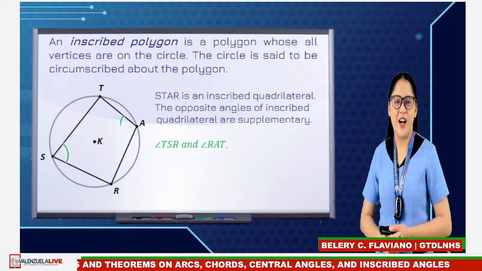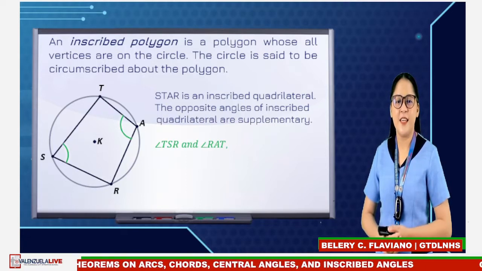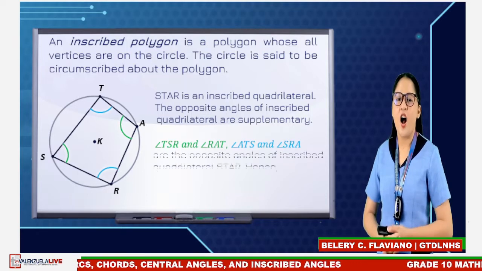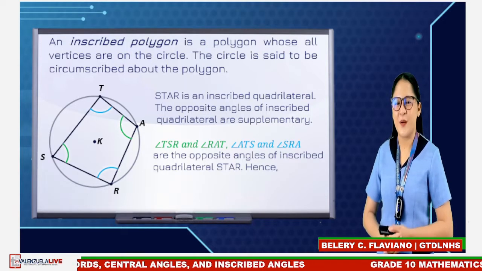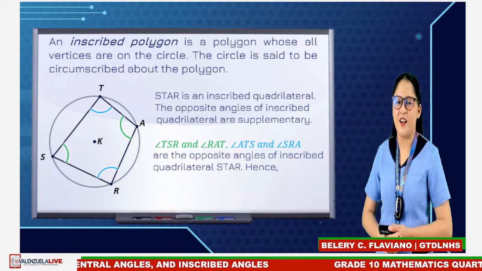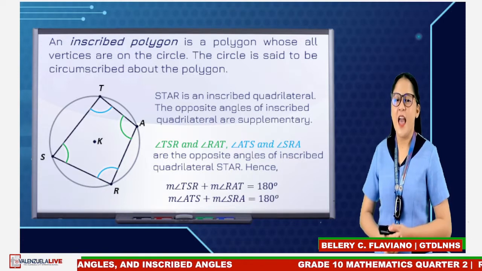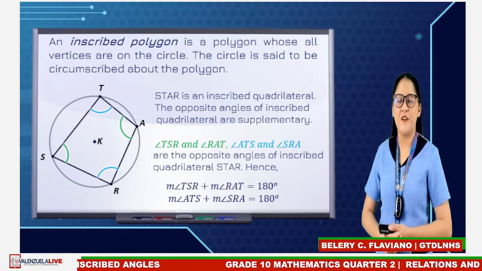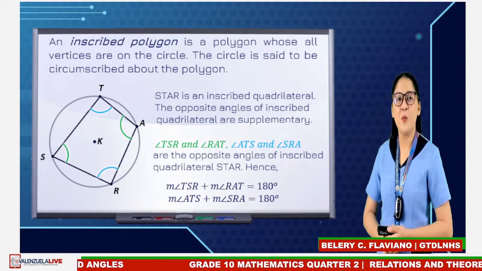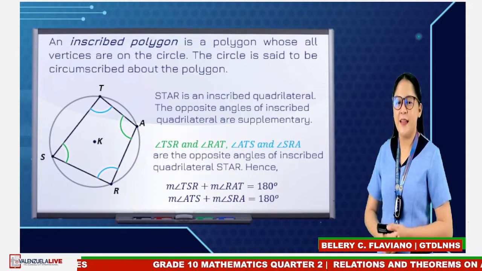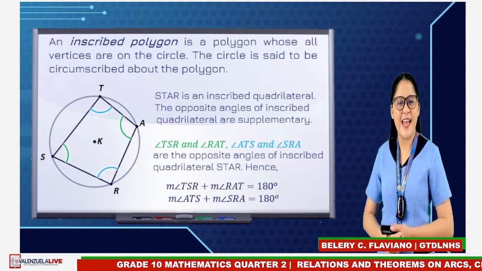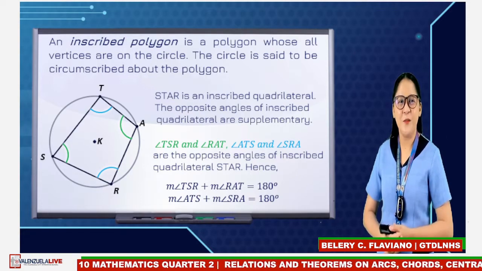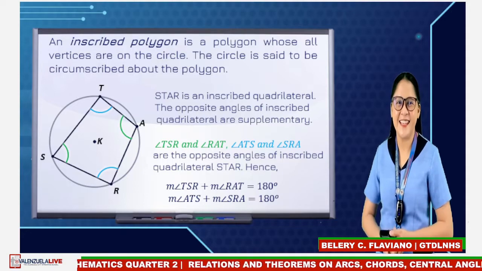Angle TSR and angle RAT, and angle ATS and angle SRA, are opposite angles of inscribed quadrilateral STAR. Hence, the measure of angle TSR plus the measure of angle RAT is equal to 180 degrees. And the measure of angle ATS plus the measure of angle SRA is equal to 180 degrees.